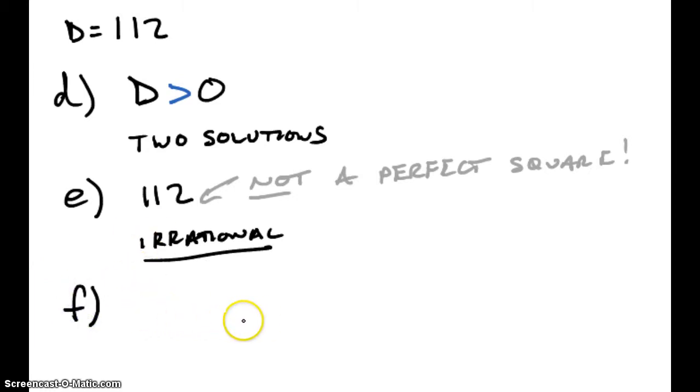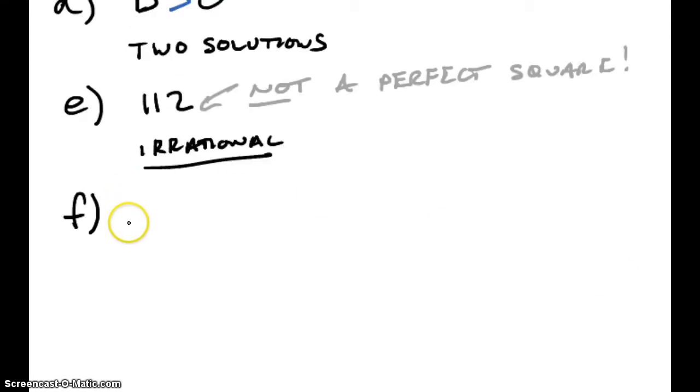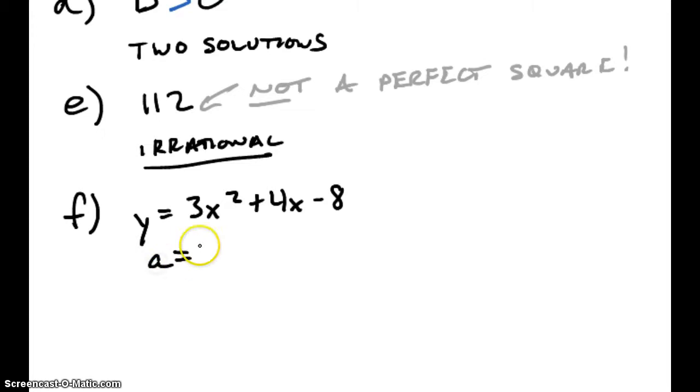Part F, we're supposed to solve this using the quadratic formula. Now this is the really tricky part of this problem. This is what makes this particular problem hard. So let me write that down again. Y equals 3x squared plus 4x minus 8, and I write down that A is 3, B is 4, and C is negative 8.